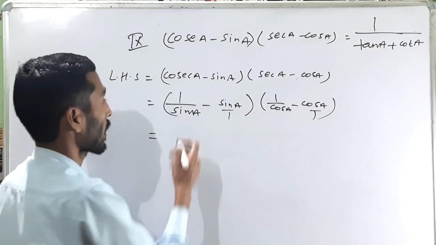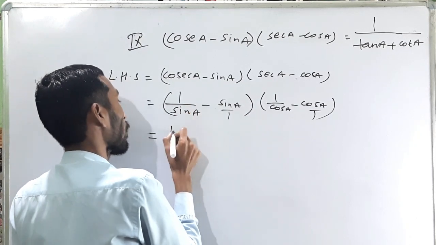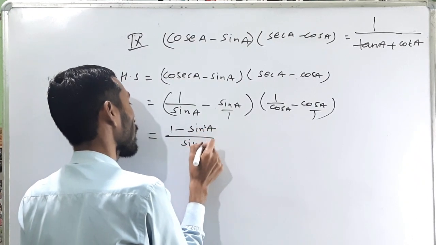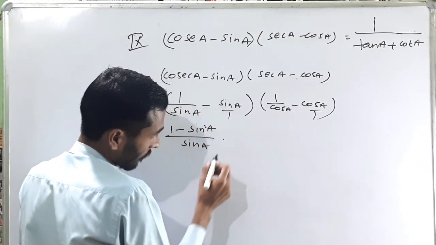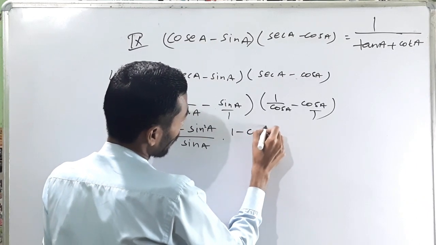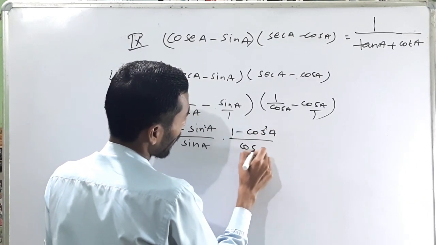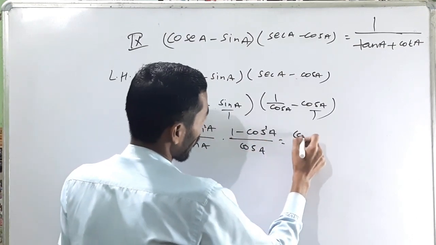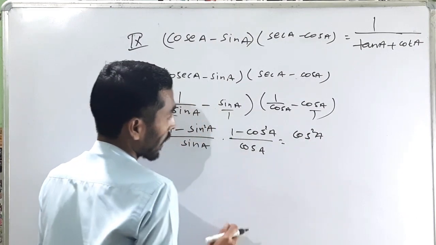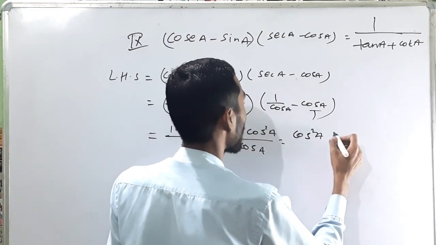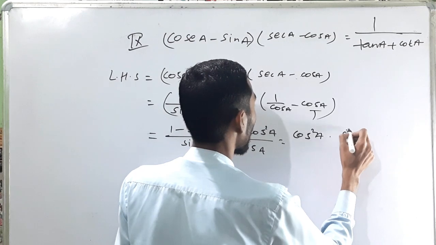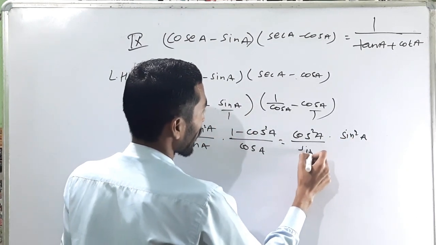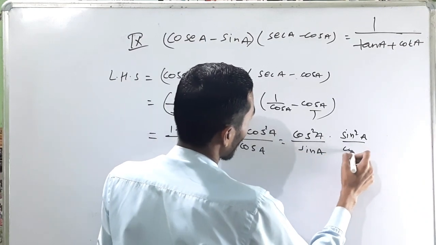After doing the simple subtraction of fractions, we'll get 1 minus sin square a by sin a, and simply 1 minus cos square a by cos a, and after that we'll get here 1 minus sin square a, cos square a, 1 minus cos square a, sin square a by sin a and by cos a.